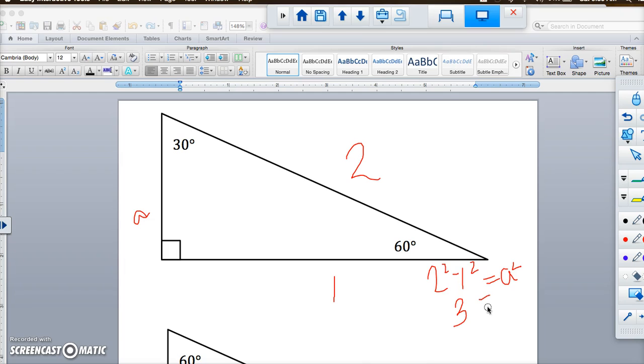Of course, that's equal to A squared. Sorry. Well, if we don't have a calculator, we can't really figure out what the square root of 3 is, because you have to take the square root of both sides. So we're just going to say that it's the square root of 3. We're not using calculators for special right triangles. So then A is going to be equal to the square root of 3.